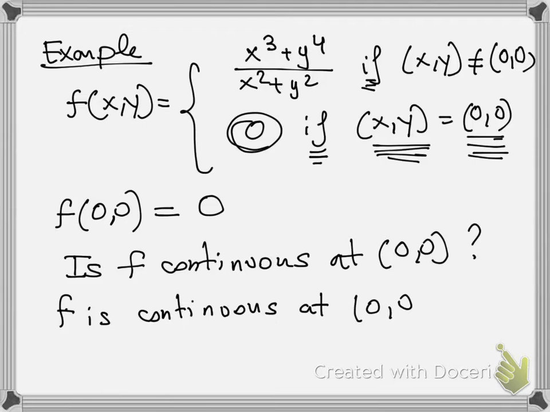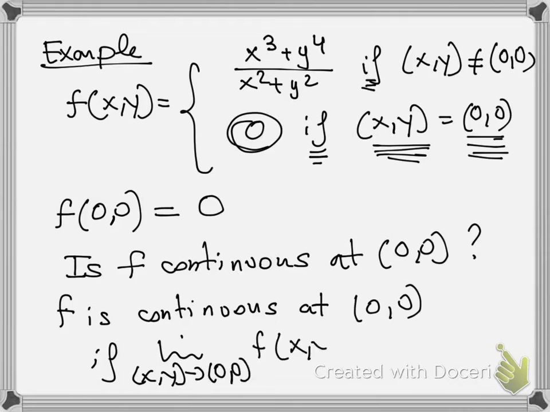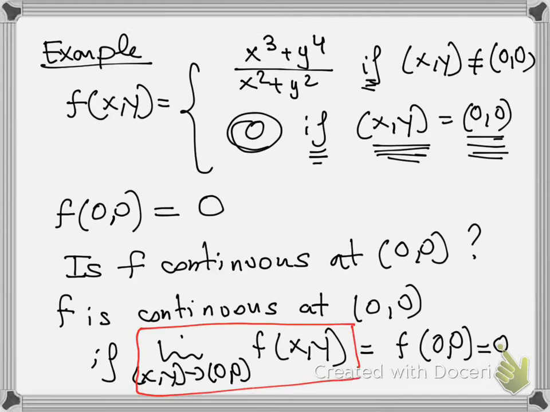So by definition, if the limit of f of x, y as (x, y) approaches (0, 0) is equal to f of 0, 0, which is 0, then f would be continuous.